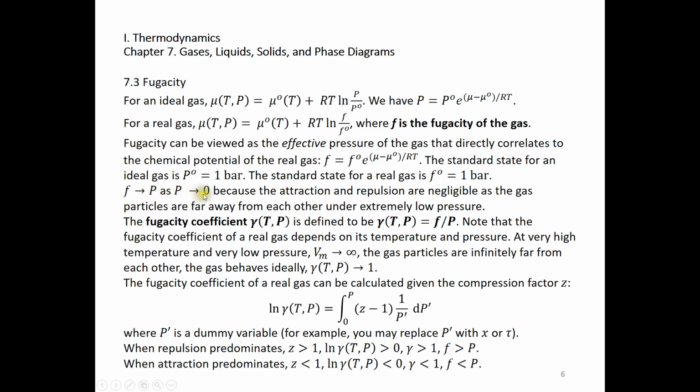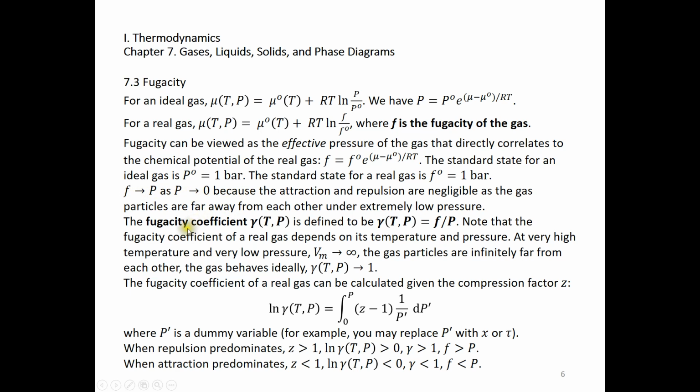When pressure approaches 0, we often have a very large molar volume, and that means we have a very long distance between gas particles. In that case, the attraction and repulsion may become negligible, and F approaches P. The fugacity approaches pressure when pressure is extremely low.